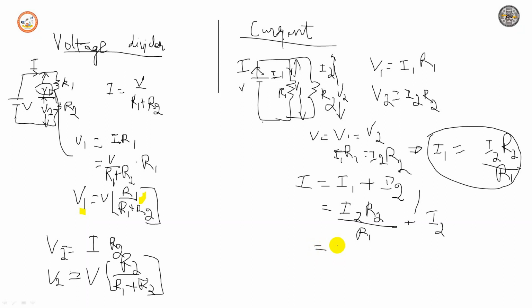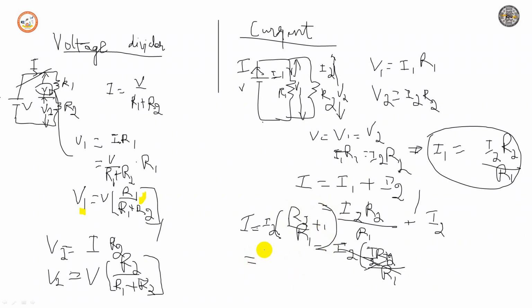If I take I2 common, I is equal to I2 into R2 by R1 plus 1.